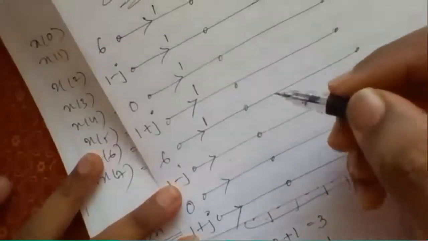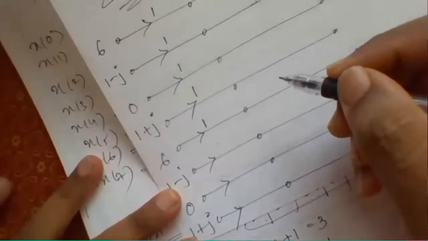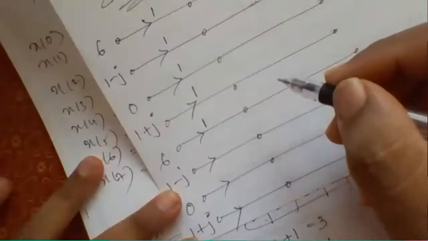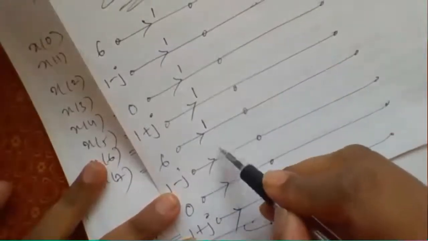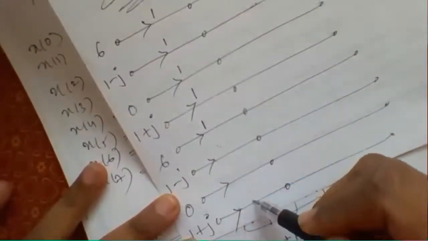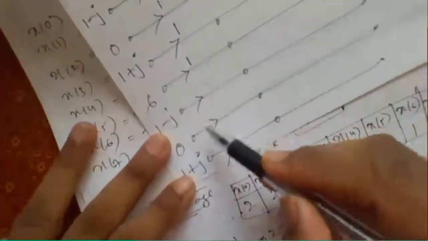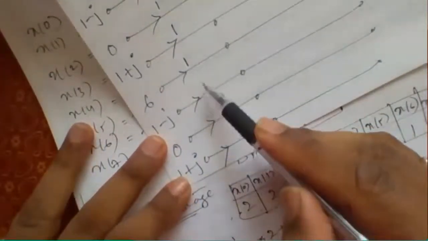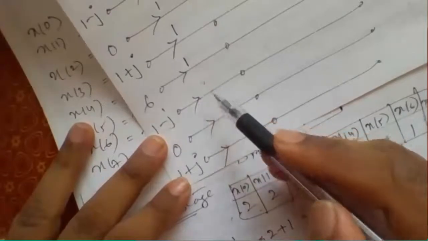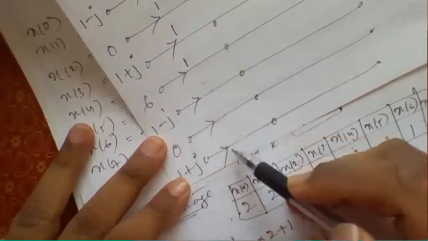But what is the next value? W raised to 1, 2 and 3. Now we will have to substitute the value of W raised to 1 with suffix 8; W raised to 2 suffix 8, W raised to 3 suffix 8.